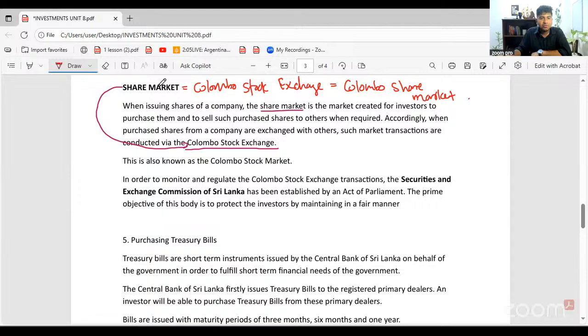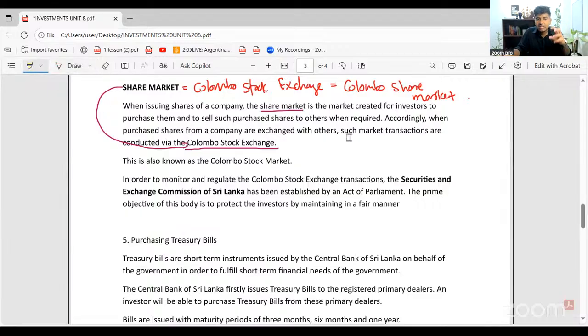But there has to be someone regulating and monitoring this, looking after whether the transactions are happening properly. Who is the monitor of the share market? Who is looking after the transactions of the Colombo Stock Exchange? In Sri Lanka, there is a government organization called the Securities and Exchange Commission.